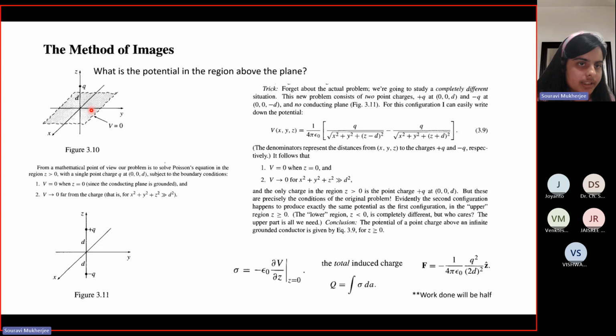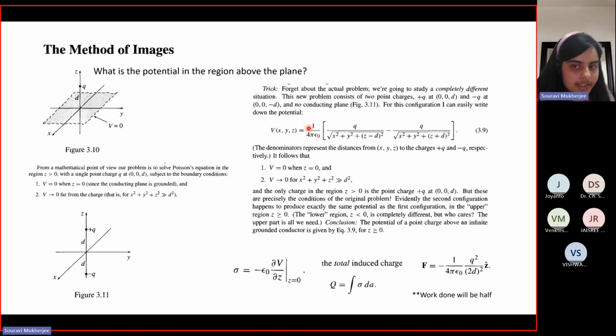So the main point is you can simplify your problem of charge distributions to a much simpler distribution by using the uniqueness theorem, where you include some image charges.